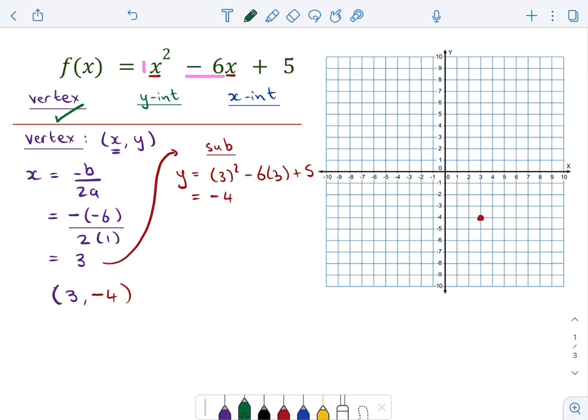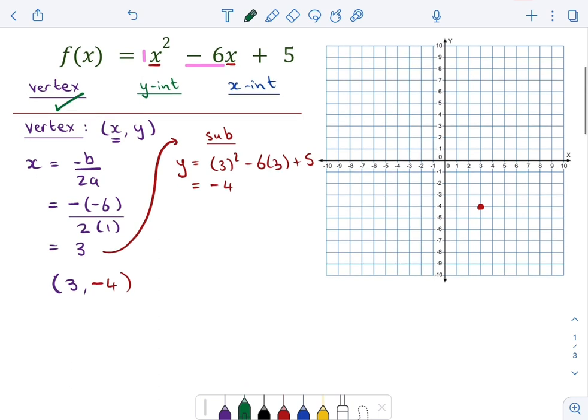So I can use that fact to find the y-intercept. To find the y-intercept, we have to make x equal to 0, because x will be 0 everywhere along the y-axis. Everywhere along this axis, x will be 0.